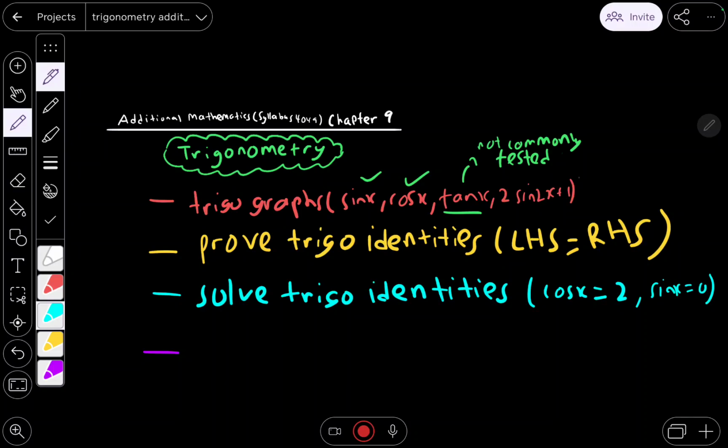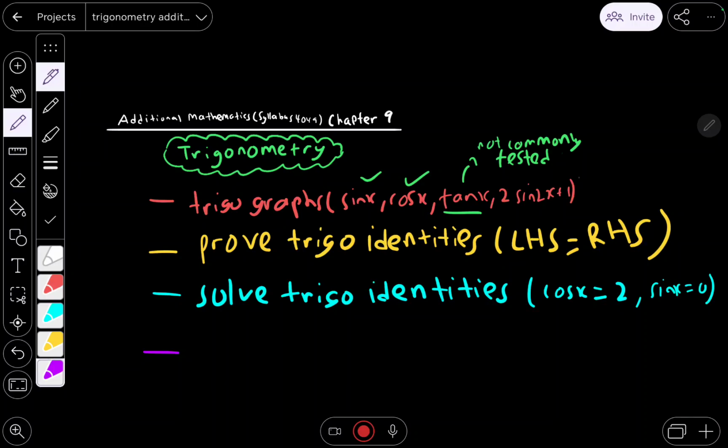Then you have to use your first quadrant, second quadrant, third quadrant, or fourth quadrant, or your ASTC. So basically you can use this as a recap, maybe before you go into the exam hall, this kind of video. But in the subsequent subtopics, I will go much deeper into it.